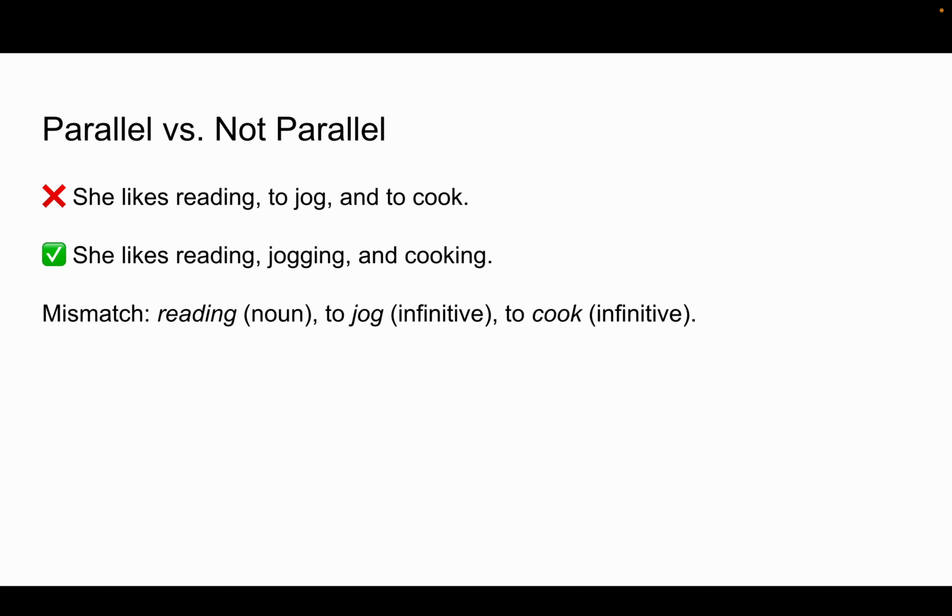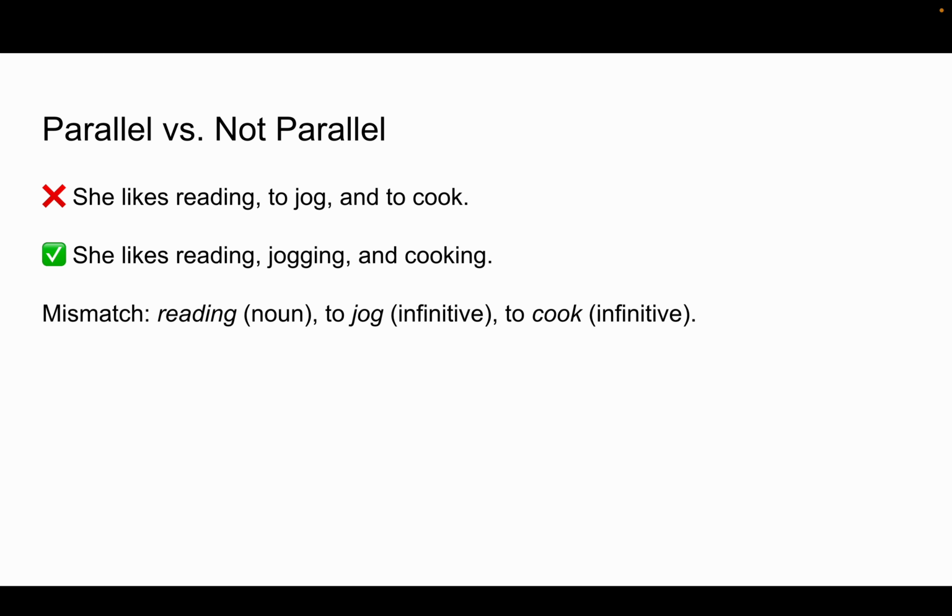To jog is just a general verb for all times, frequently done activities. And then to cook is also, again, the similar idea. So you can see that there's a mismatch here in that the correct way to write this would be she likes reading, jogging, and cooking. Or similarly, another way to write it would be she likes to read, to jog, and to cook.